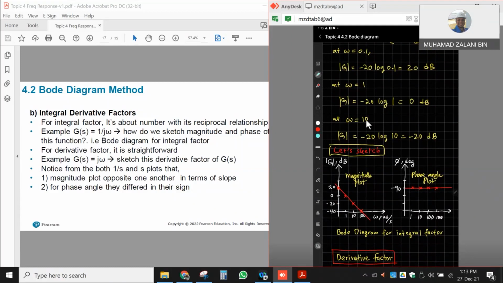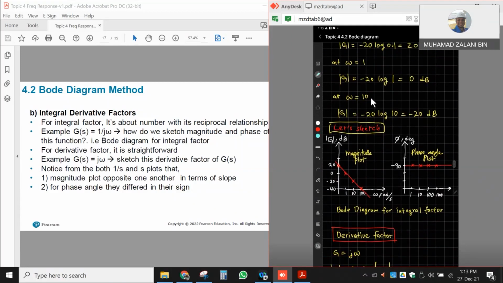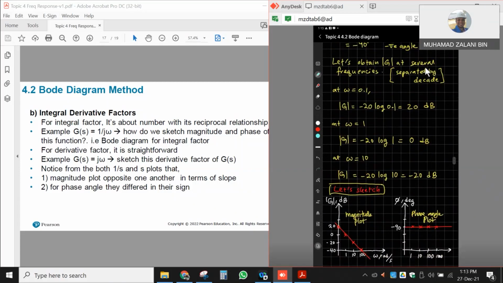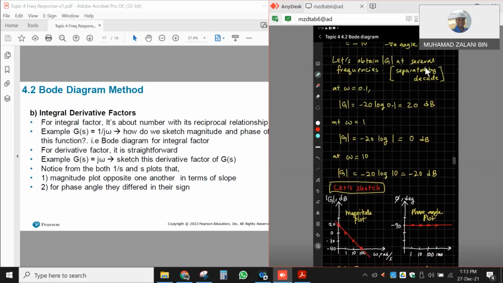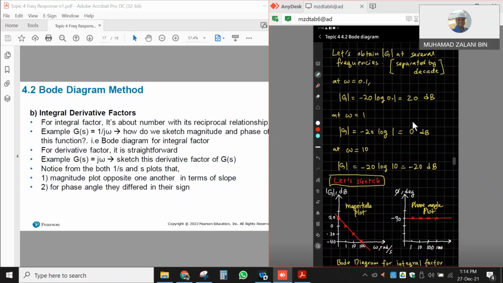Moving on to omega equals 10, substitute in the equation negative 20 log 10, then we get negative 20 decibel. So you will see the change of magnitude from 20 to 0 to negative 20 is at a constant negative slope.